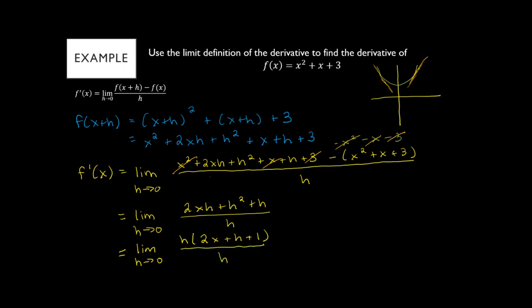So when I factor out the h on top, I'm left with 2x plus h plus 1. And then that allows me to cancel out an h on top and h on bottom. And this is really important because we can't take the limit while h is in the bottom because you'd be dividing by 0. So we have to somehow cancel that h out so that we can actually take the limit.